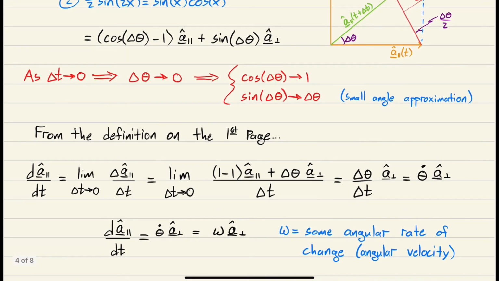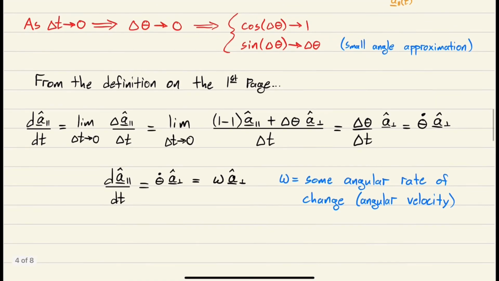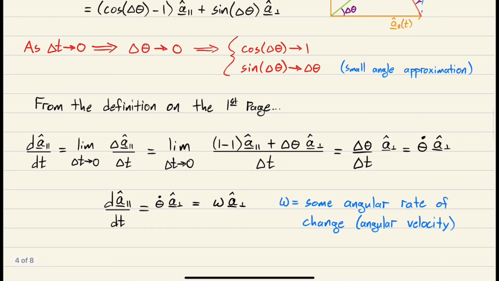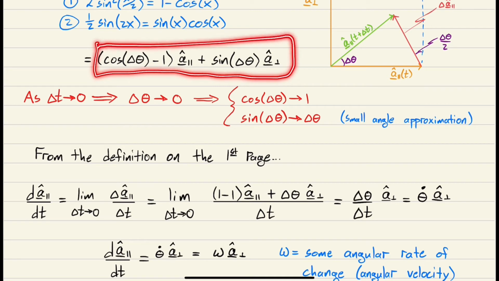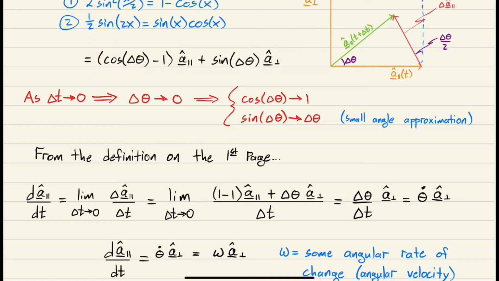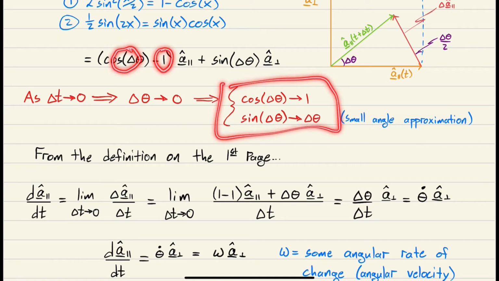Now, from the definition of the derivative on the very first page, the change in our vector, which we just defined as this, we're going to take as delta t goes to 0. So this is going to end up being 1 minus 1, because we just went through this exercise saying that it's going to approach 1.